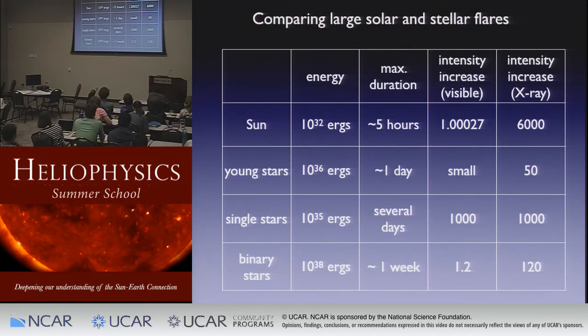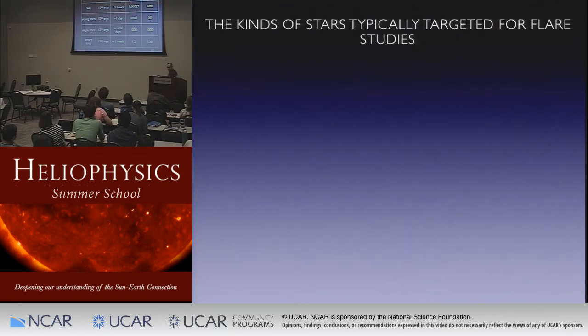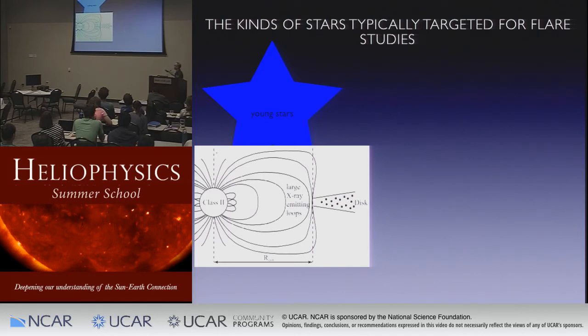This is the percentage of the increase compared to the ambient state. And again, you can see that there's a range here. This is specifically for the X-ray, which is our best indicator for stellar flares. And this is the kind of star that typically flares: T Tauri stars, which have a star, a magnetic field, and a disk that goes around.